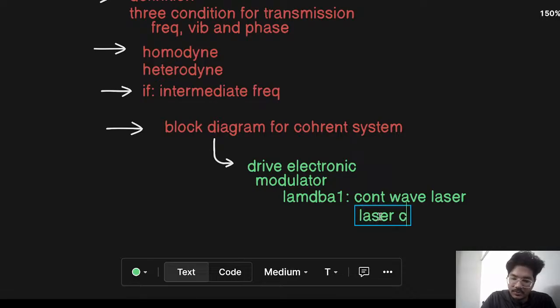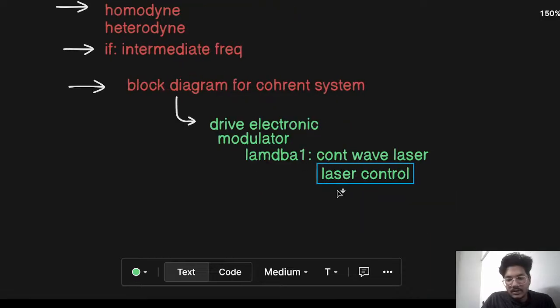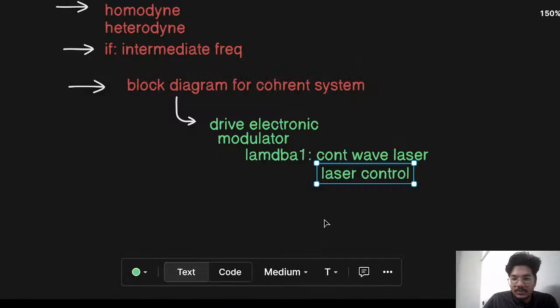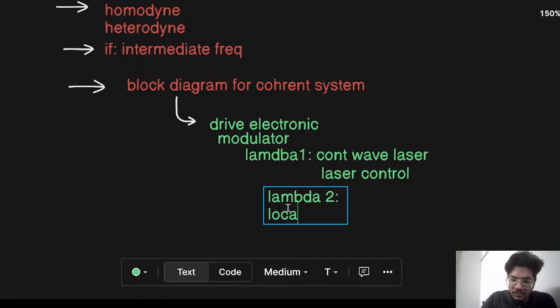Then the electronic modulator and this laser control. On the output side, lambda 2 comes from the local laser oscillator.